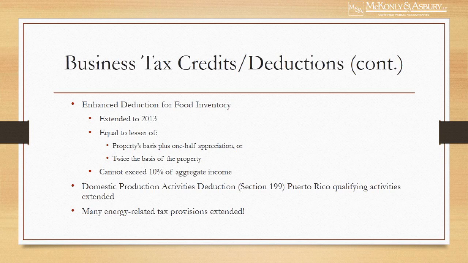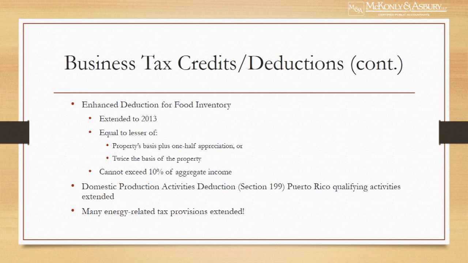Domestic production activities deduction. This is a common one that a number of taxpayers take. Real briefly, the DPAD, also known as Section 199, is provided for taxpayers that create new products in the U.S. based on domestic wages paid in the U.S. This can be done through a manufacturing operation or a construction operation.